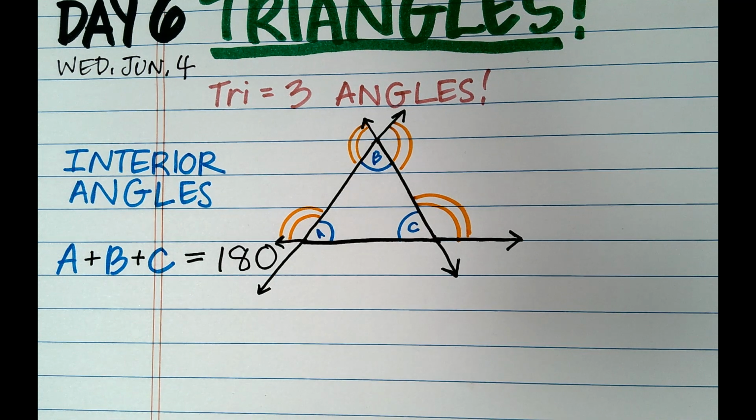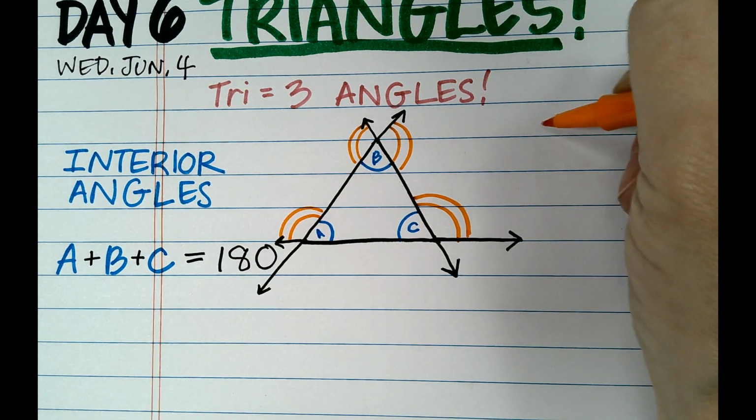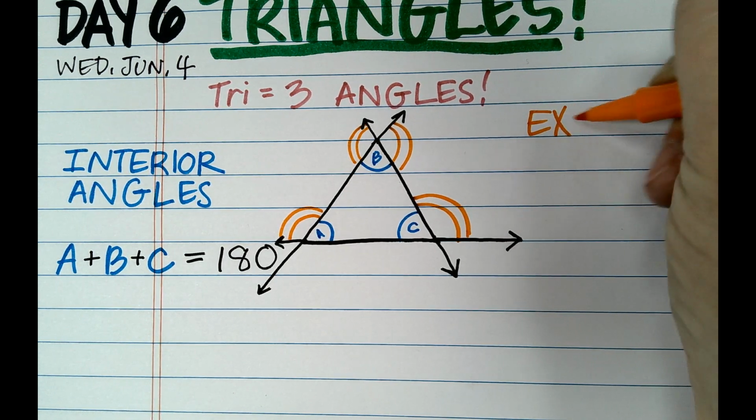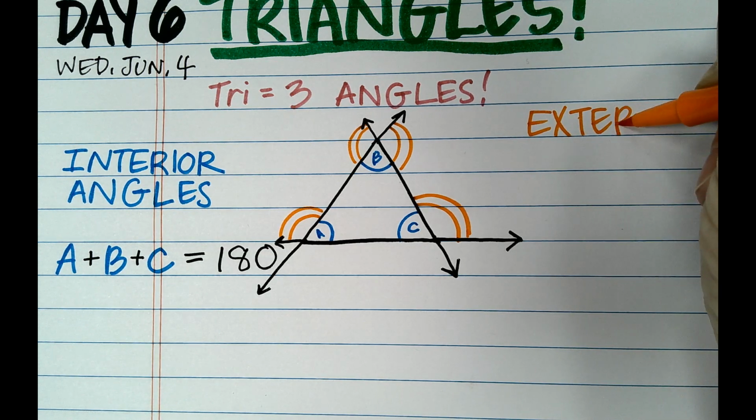But these angles that are outside of the triangle are called exterior angles.